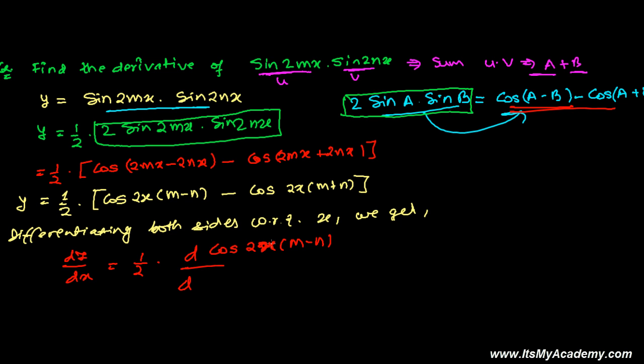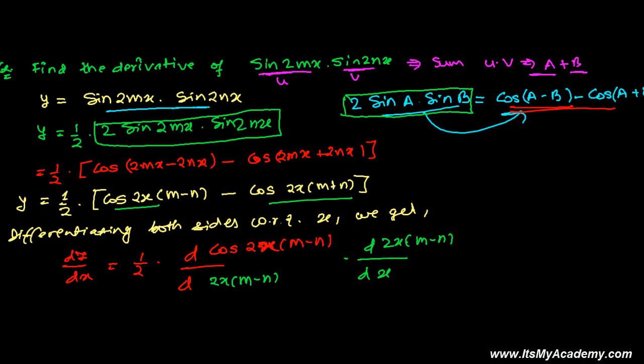The angle here is 2x(m minus n), so I differentiate with the same angle, and again the derivative of 2x(m minus n) with respect to x. I did the first part, and now let's solve the next one.